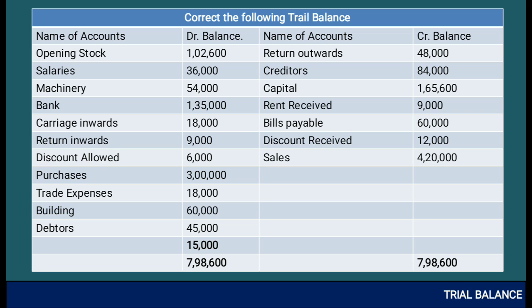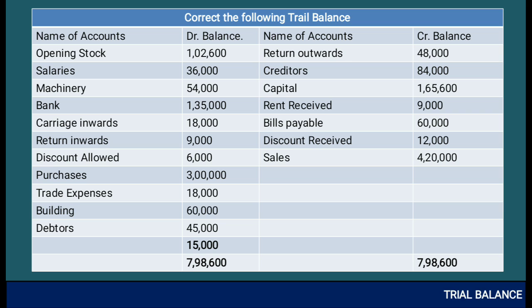So it was something about our trial balance. In today's lecture, we have seen how to rectify our trial balance if general things are given there, how to rectify your trial balance if the debit and credit balances are given with wrong sides, and how to prepare the trial balance if cost of goods sold, opening stock and closing stock are both given in the question.